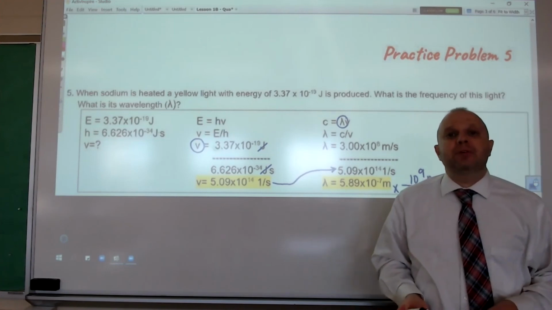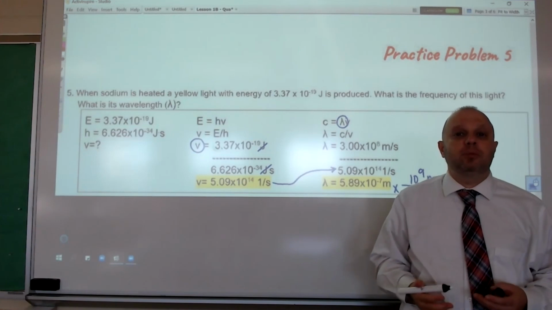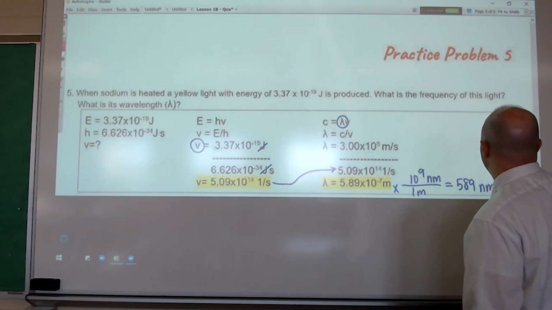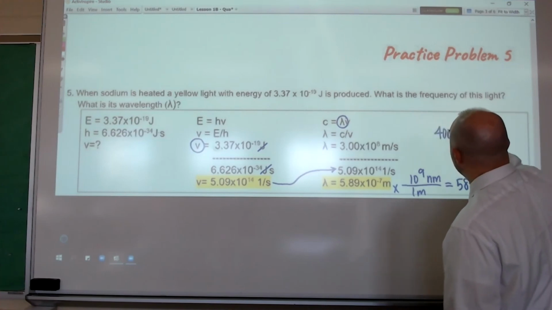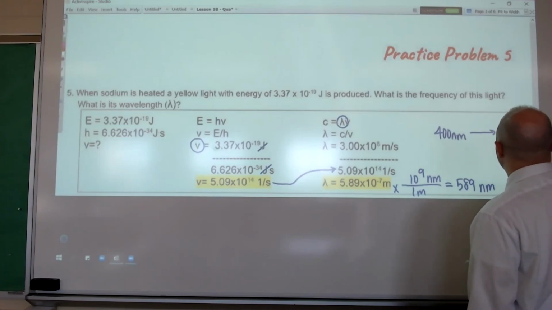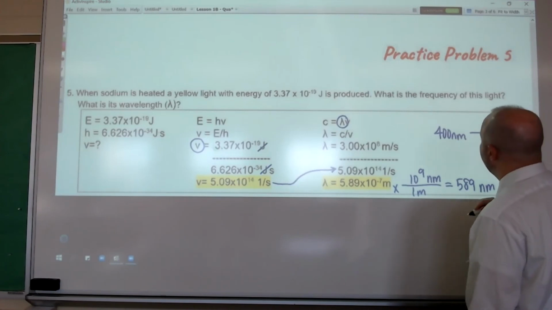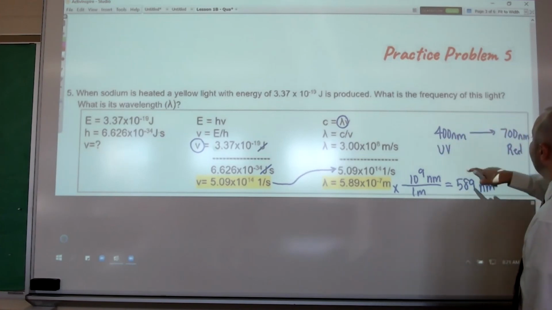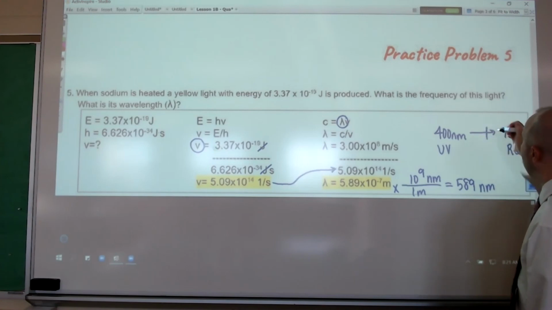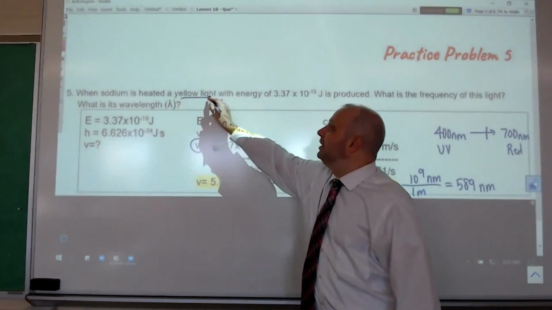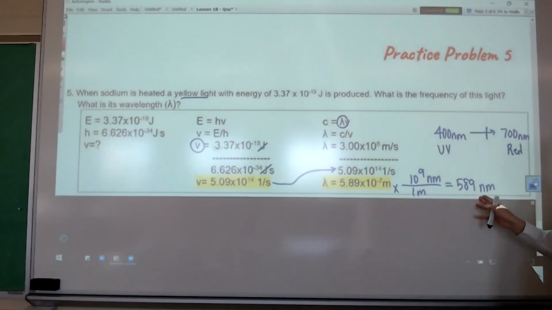So if you think about the visible light portion of the spectrum, which goes from 400 nanometers to 700 nanometers, this is red light. This is ultraviolet light. So 589 is probably somewhere in here. So it makes sense that yellow light would have a wavelength of 589 nanometers.